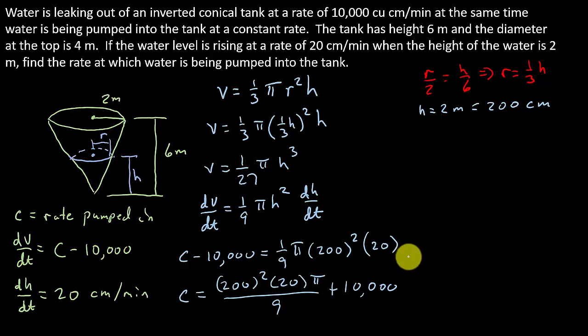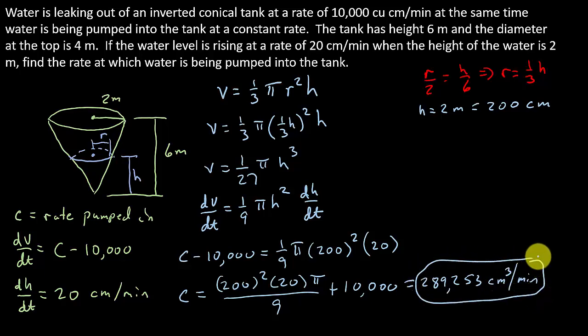Move the 10,000 over here. When you punch that into your calculator, you get 289,253, and that is going to be cubic centimeters per minute. And so that would be our answer.